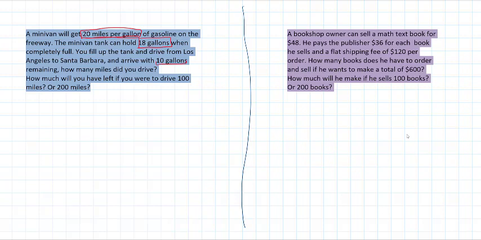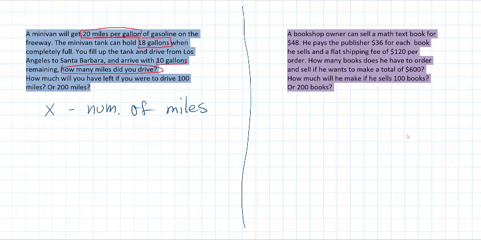Okay, how many miles did we drive? That is our question. So the question is, how many miles did we drive? And so that is an indication of what our variable should be. Our variable x should be the number of miles, right, that we drove. Okay, so that is our variable.